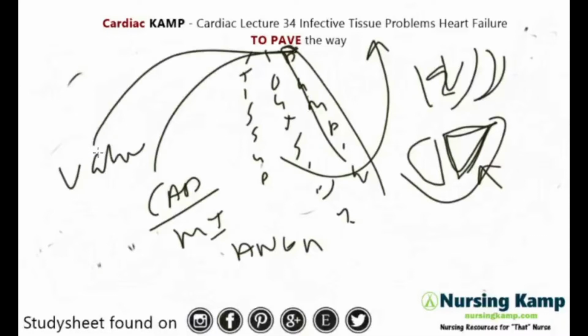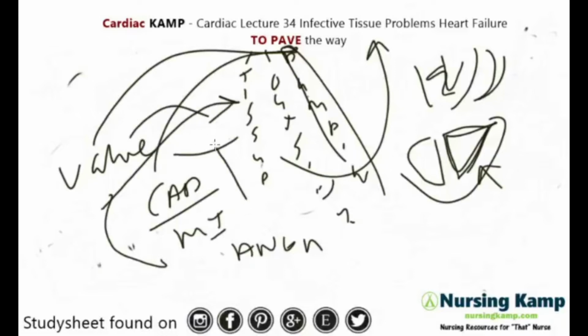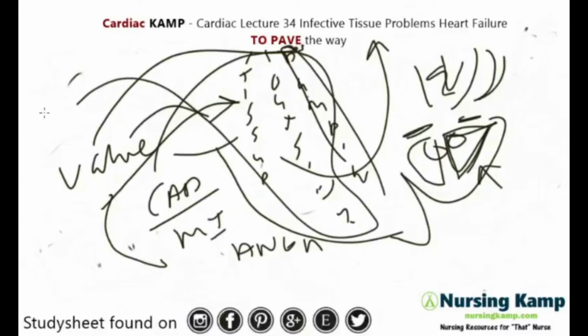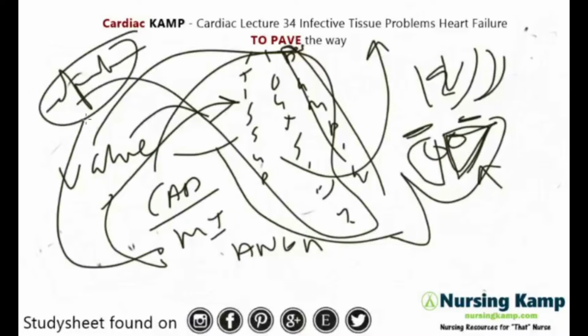Valves also are related to this tissue with endocarditis and myocarditis, and also with CHF. We saw that with valves. And then E is for electricity, which will be in the electricity lecture. We covered a little bit with MI, but right now we're going to talk about tissue.